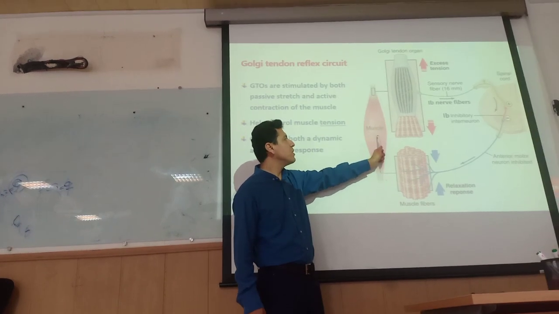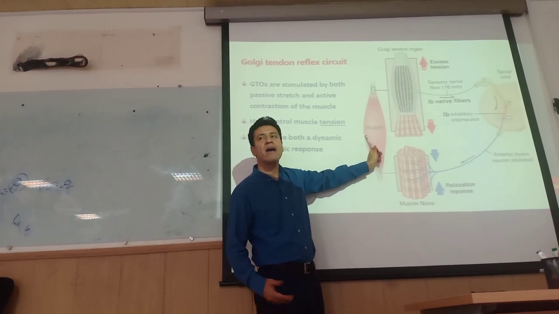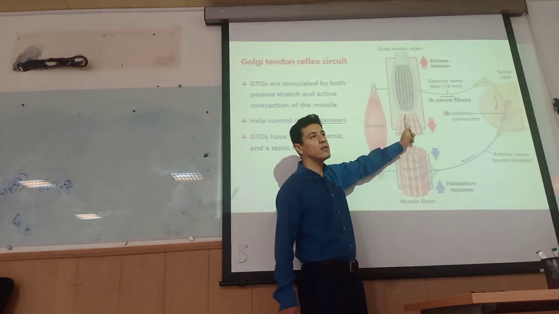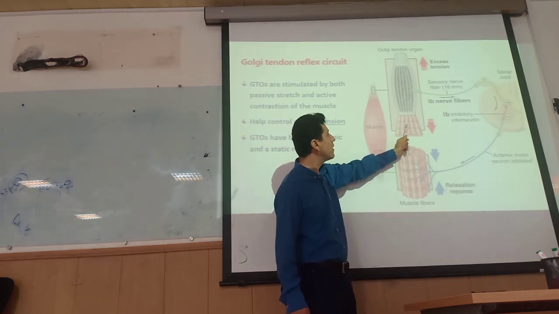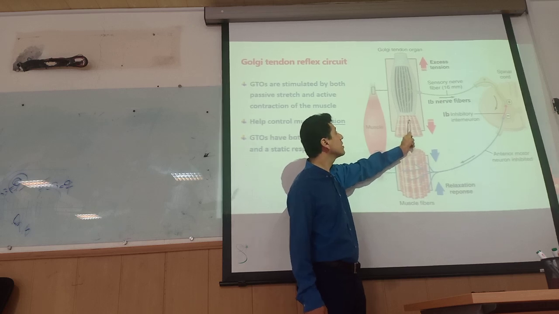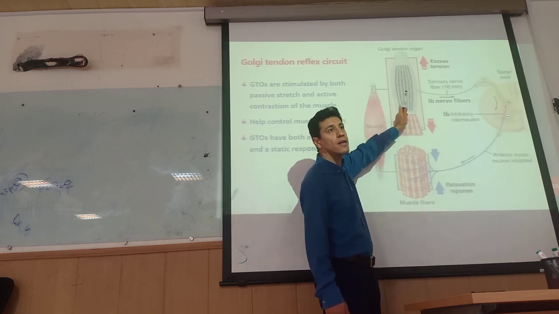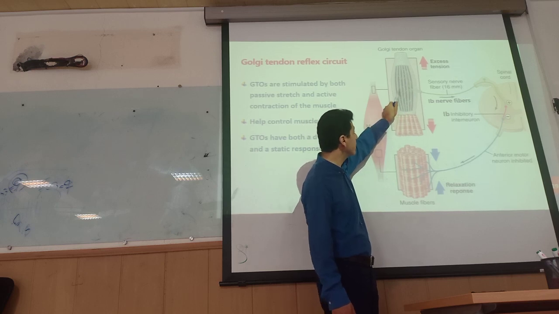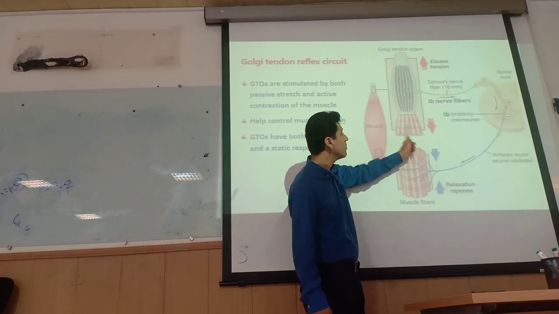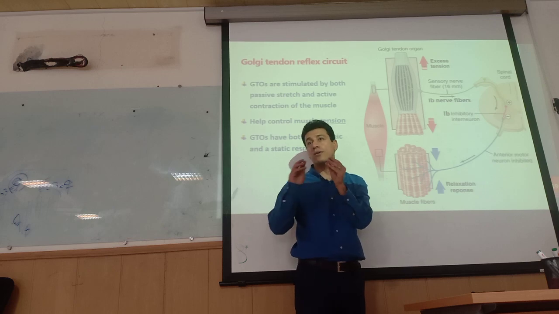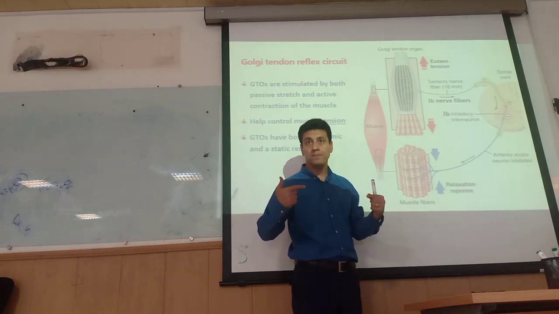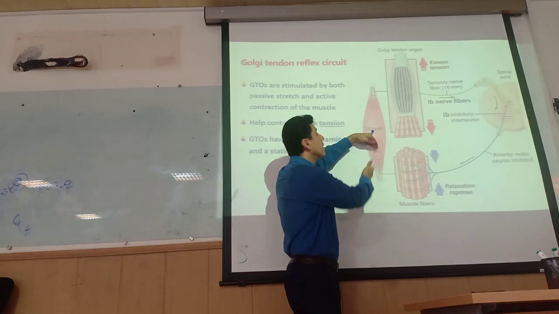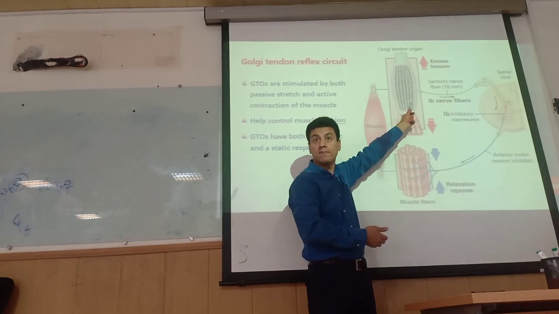The relation between the muscle spindle and muscle fibers was parallel, but here the relation is serial. So we have muscle fibers that are connected to the tendon, and at this junction we have the Golgi tendon organ. So the receptor is connected to the muscle fibers by a serial attachment. Right? So contraction of the muscle stretches the tendon.